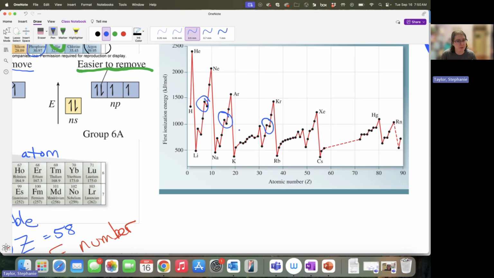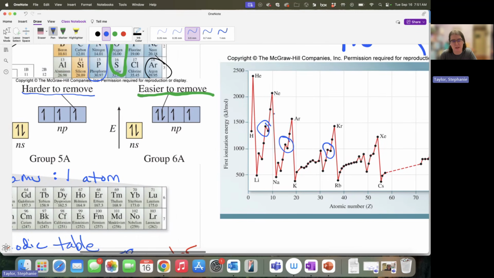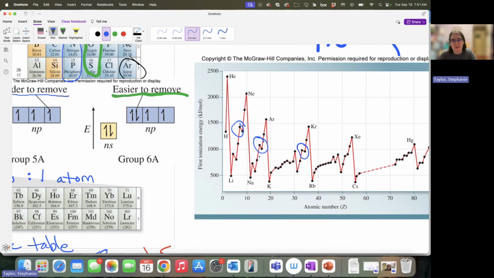The other thing, the reason why I'm circling these, you might notice it's not a big difference. It's there, it's measurable, it is a difference, but it is not big. We do ask you guys to know about it because we're emphasizing the stability that comes with half-filled subshells. But also do note that it doesn't go all the way back down to the x-axis. It's not that big.